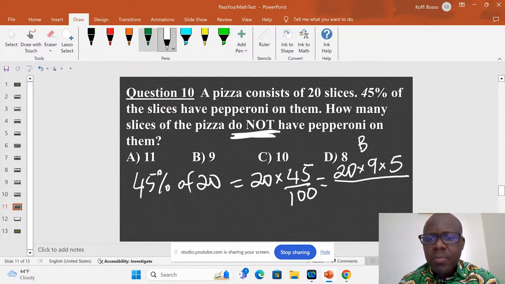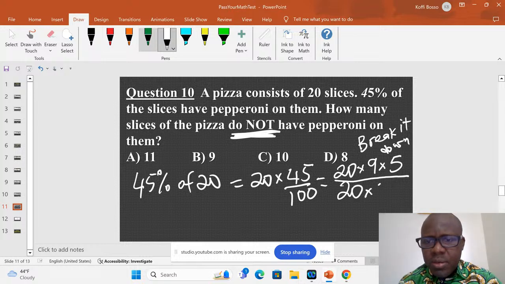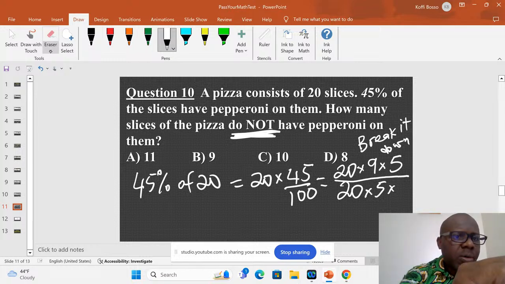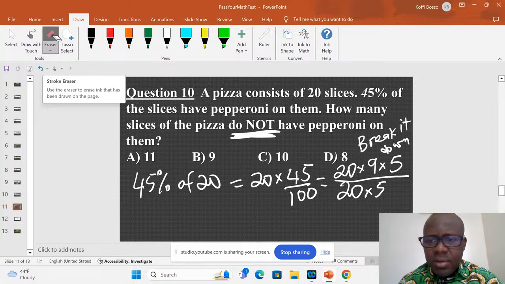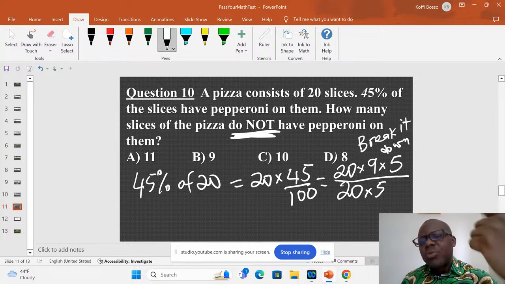That's smart. Now the 100, I will break it down as 20 multiplied by 5. So 100 is the same as 20 multiplied by 5.